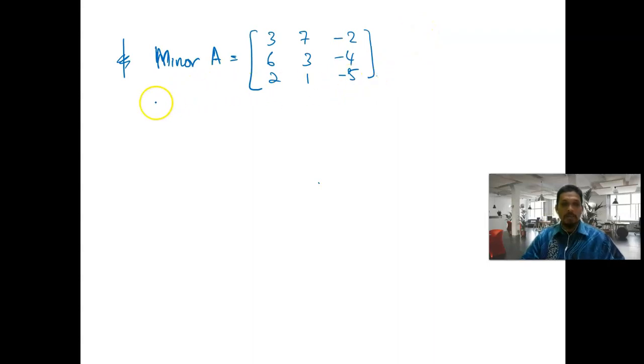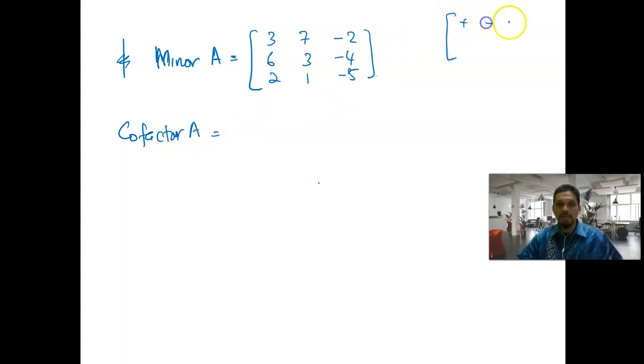Okay, so now cofactor of A equal to, okay, remember this, the sign of positive, negative, positive, negative, positive, negative, positive, negative, positive. So the cofactor, just imagine that 3 is multiplied with the sign of positive 1 here, so 3 times positive 1 equal to 3. 7 multiplied with negative 1 equal to negative 7.